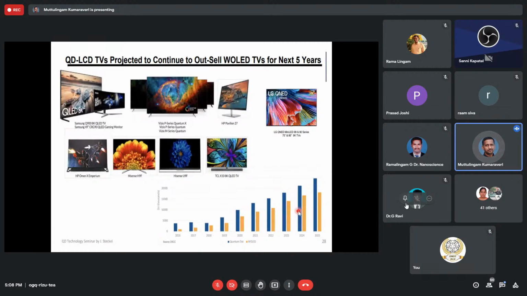Okay. This is what is happening with the QD LCD TV and the OLED TV.